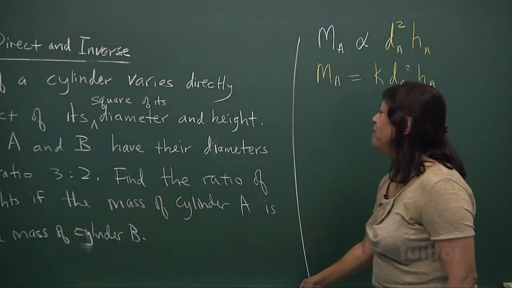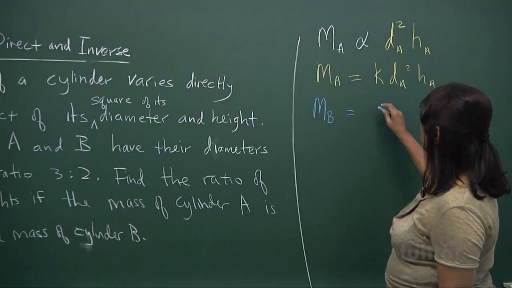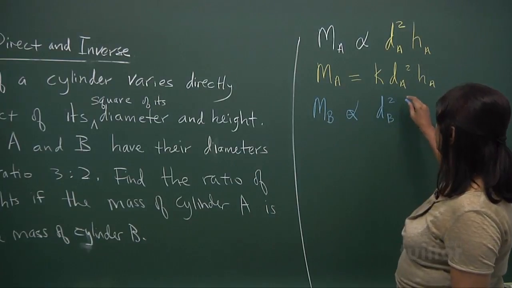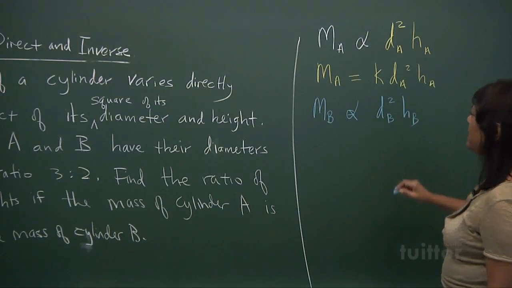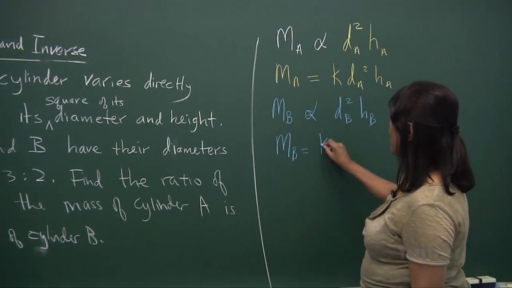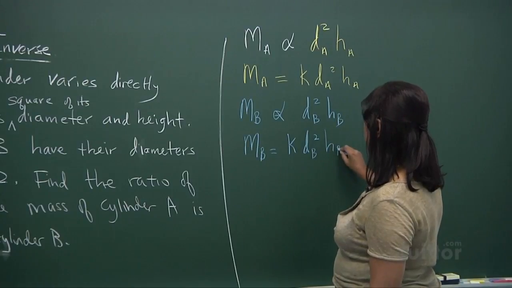Now the mass of B varies with the square of the diameter of B and the height of B. So mass of B equals K dB squared HB.